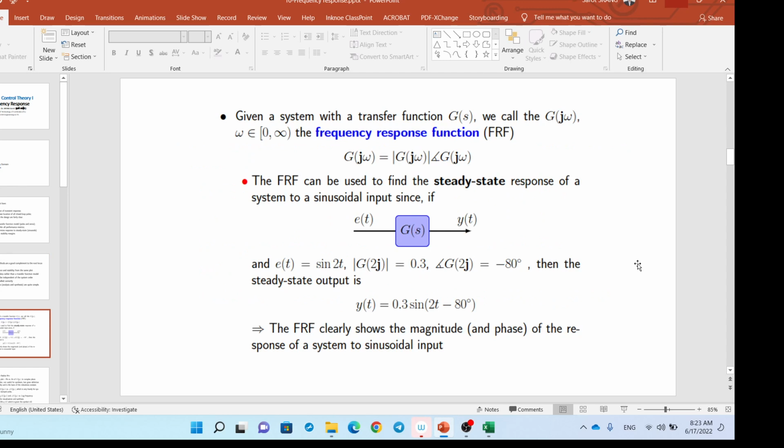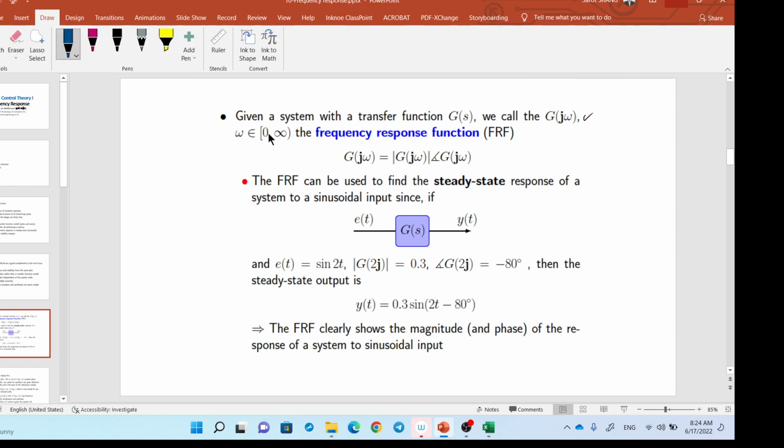So given a system with a transfer function G(s), where G(s) is the open loop transfer function, we call G(jω) here the frequency response function.